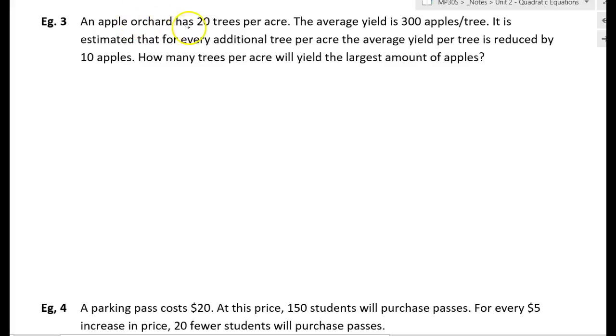An apple orchard has 20 trees per acre. So you might want to start just like jotting down facts on this one because it looks like there's some units to consider. 20 trees per acre. The average yield is 300 apples per tree.